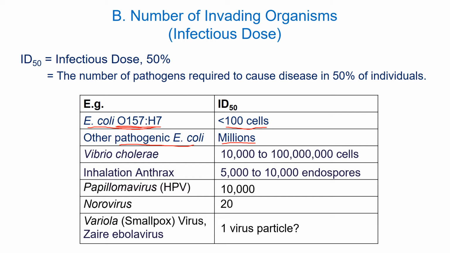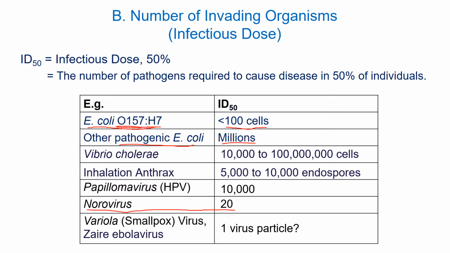Norovirus, you can see right here, has a very low infectious dose. Norovirus, we kind of talked about a little bit here and there this semester. It often causes illness in daycares and cruise ships, and causes diarrhea and vomiting, very, very common. Sometimes it's called the winter vomiting bug, and it doesn't take much for it to be transmitted from one person to another, particularly with fluids like vomit and diarrhea, and only 20 viral particles.